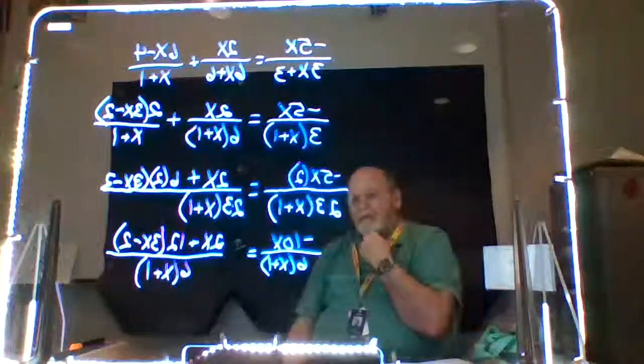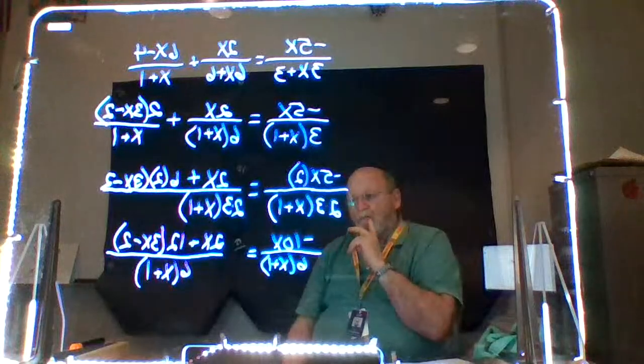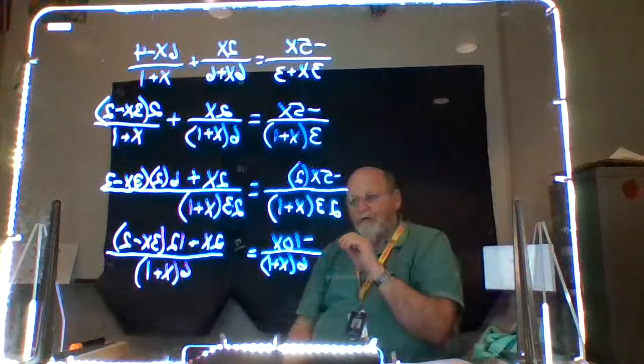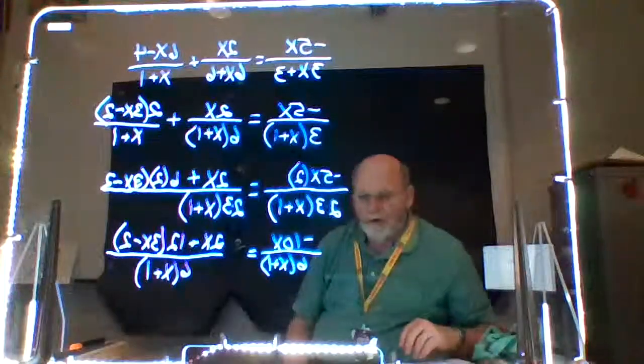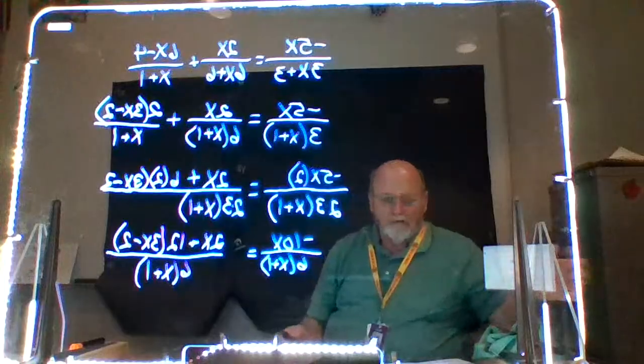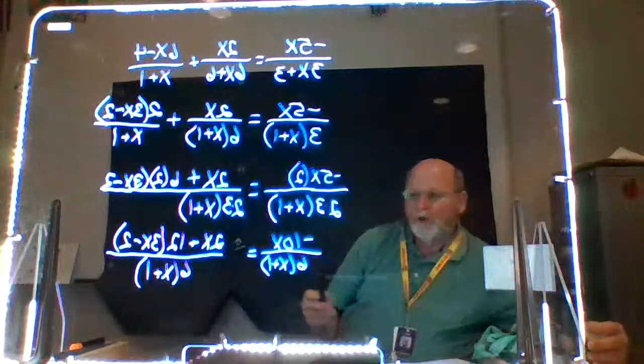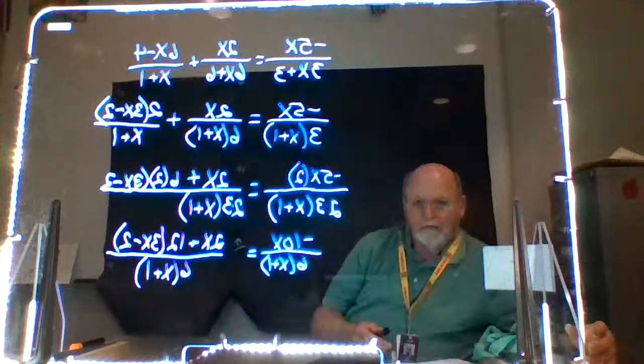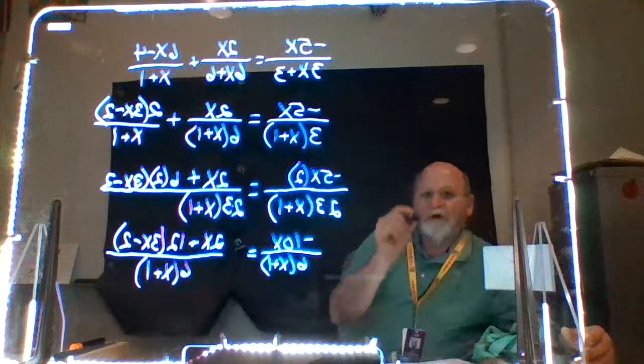Now, the last thing we need to do here is, I know what my common denominator is, right? So I'm just concentrating on the numerators now, all right? We're not solving the denominator, but we are going to see what x is by solving what's in the numerator.